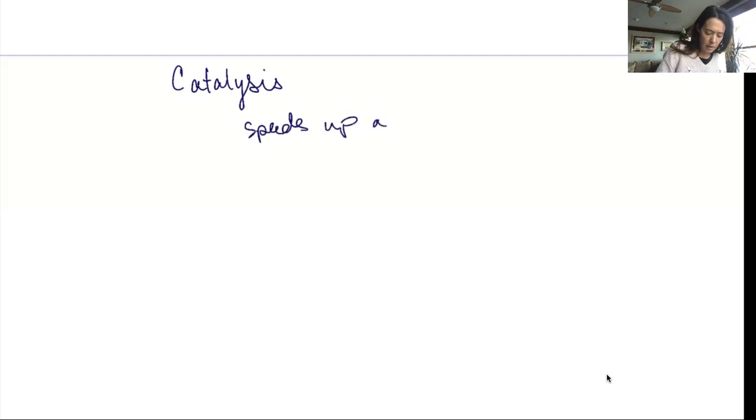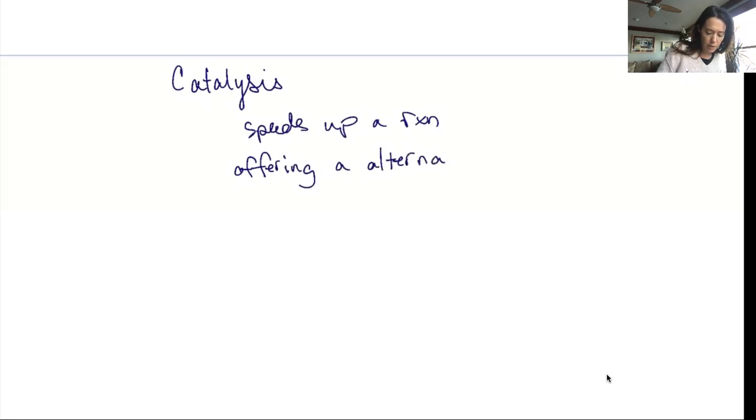Catalysis. Fancy word for catalysis. I don't want pink. Let's write dark blue. So catalysis. We know that a catalyst speeds up a reaction. And it does that by offering an alternative pathway.